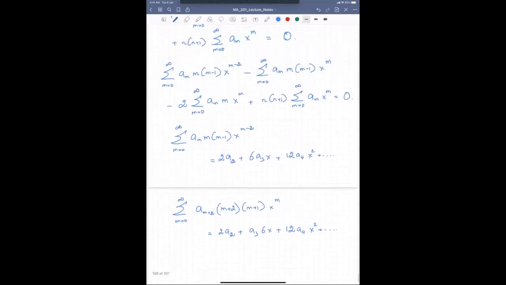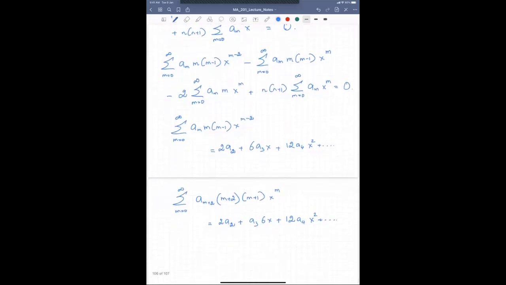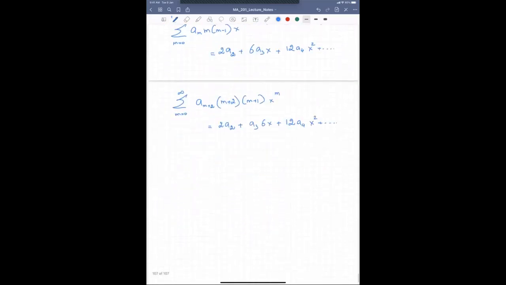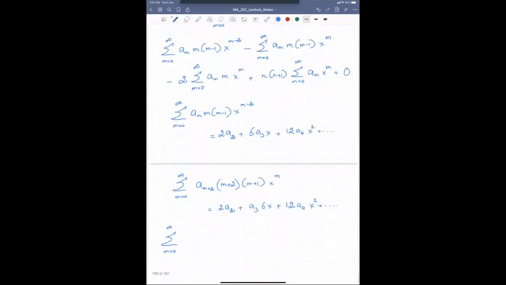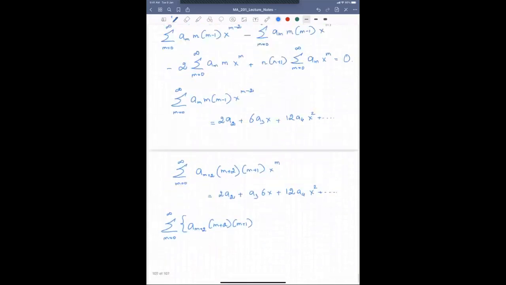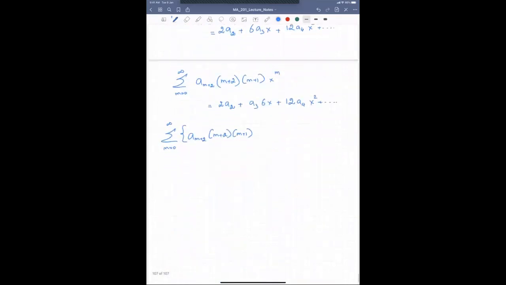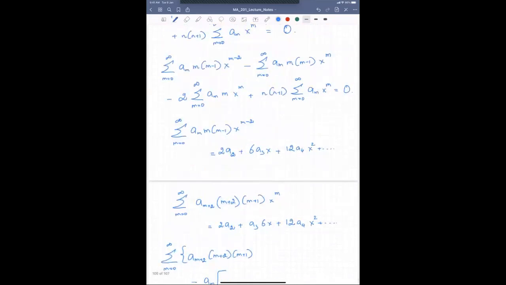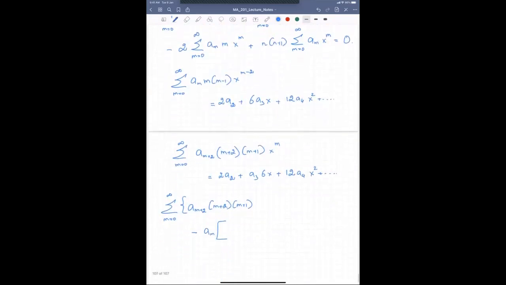Why am I doing this? I'm doing this because now every term in this series looks exactly similar. So now I can write this entire series as the sum from m equals 0 to infinity. The first term is whatever I've written here, a m plus 2 times m plus 2 times m plus 1, minus am times, I can pull am from the second, third, and fourth terms.